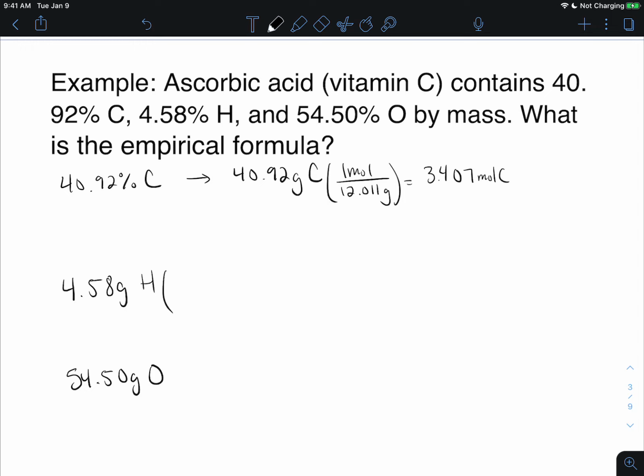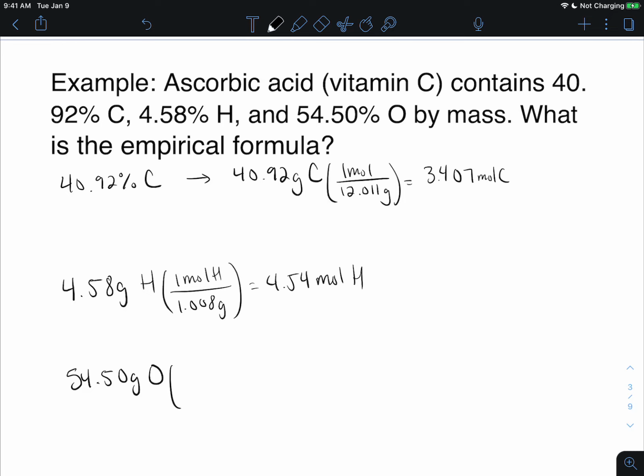We're going to do the same thing for hydrogen and oxygen. So 1 mole of hydrogen, and this is atomic hydrogen, so 1 hydrogen, 1.008 grams. And we get 4.54 moles of hydrogen.